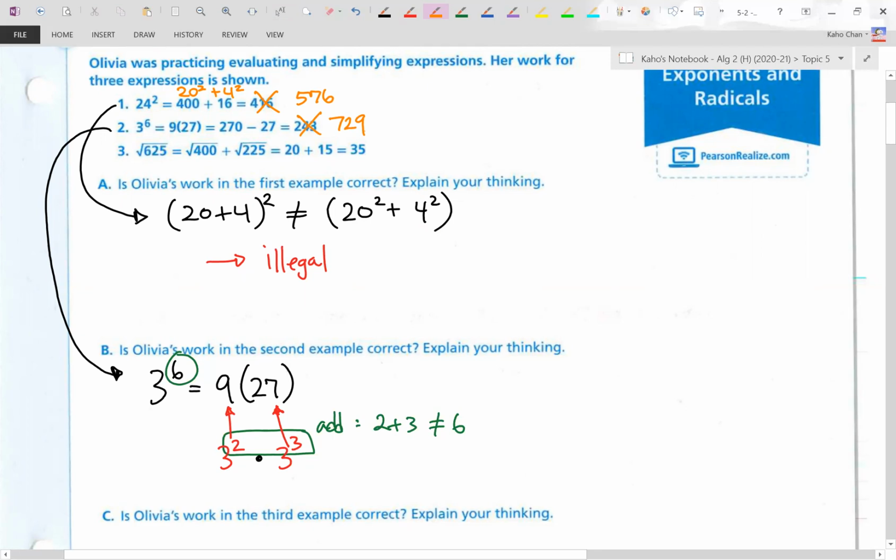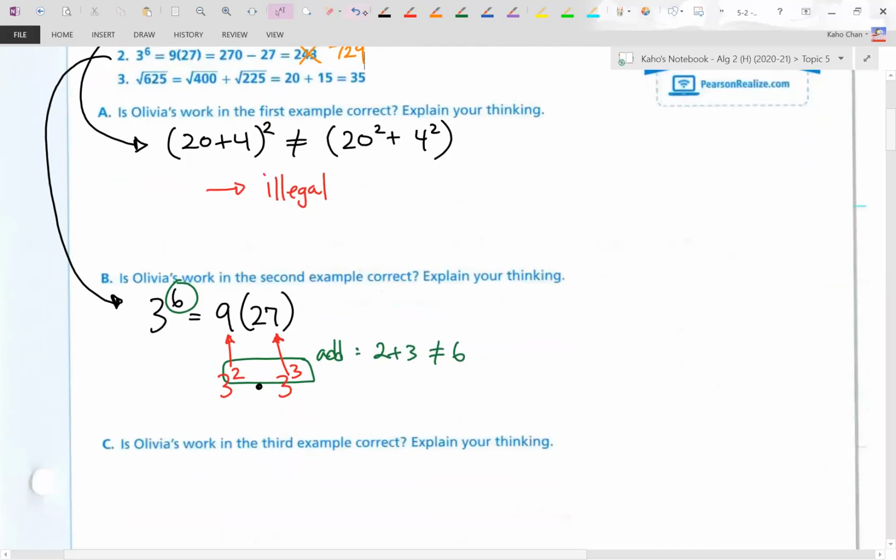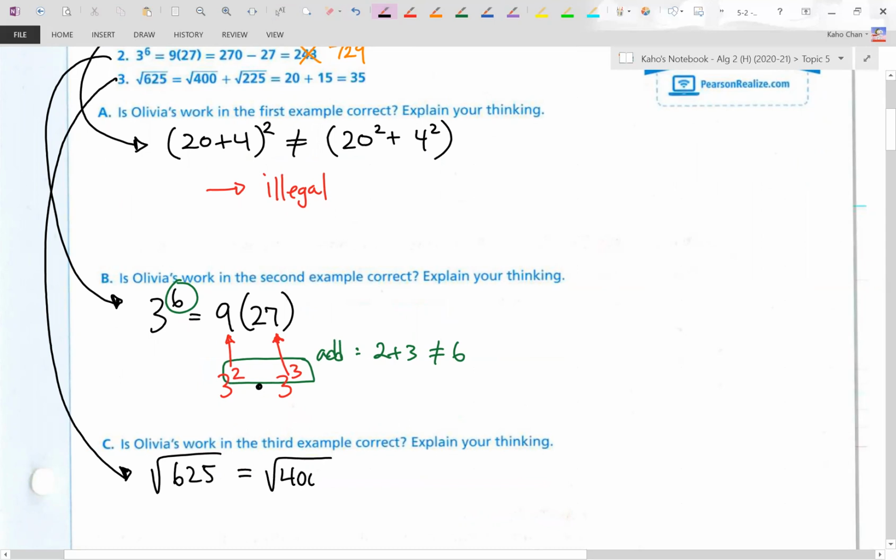Number 3, let's bring that down. Square root of 625, there she's claiming is the square root of 400 separated plus the square root of 225. All I can tell you is that it's illegal.